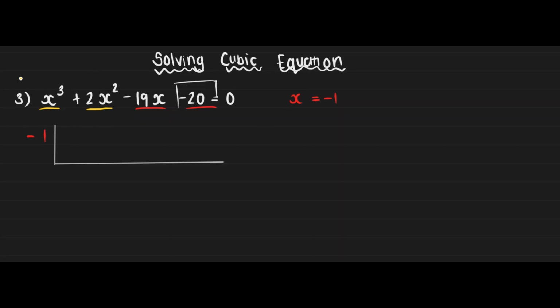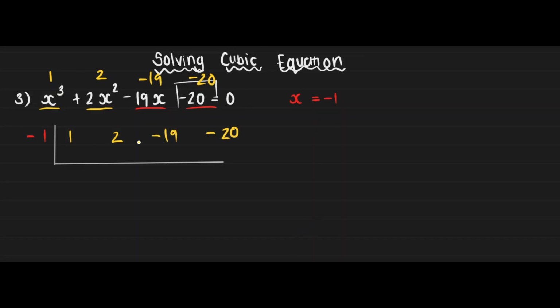In our case, the coefficient of x cubed is 1. Then the coefficient of x squared is 2. Then the coefficient of x is negative 19. Then the last one is negative 20. So those are the numbers that you're going to write: 1, 2, negative 19, then negative 20.